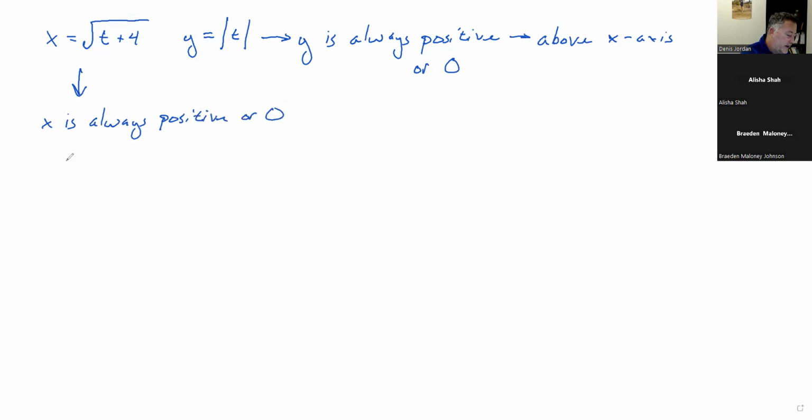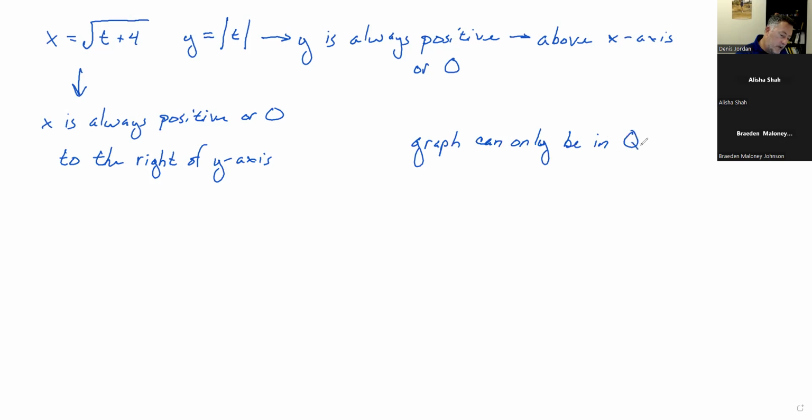So when you go to graph that, the graph has to be to the right of the y-axis. So if it can only be above the x-axis and only to the right of the y-axis, that means your graph can only be in quadrant 1, because that's the only quadrant that goes with both of those descriptions.